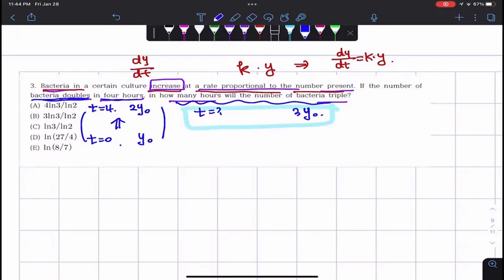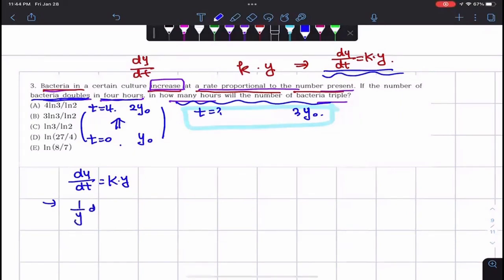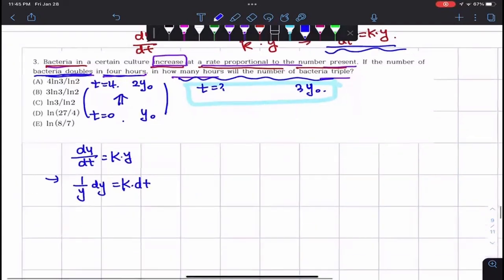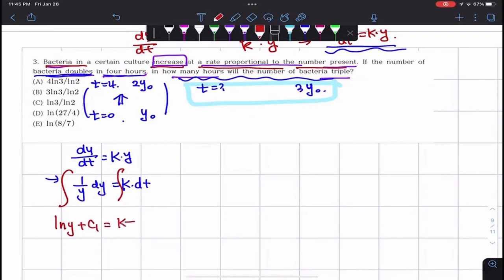Let's use these assumptions. This is the starting point: dy over dt equals k times y. Let's apply the separable method by separating the variables like this: dy over y equals k times dt. Apply the integral on both sides: ln y plus c1 equals kt plus c2, so ln y equals kt plus c2 minus c1.